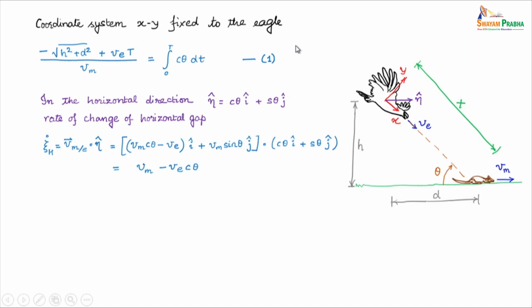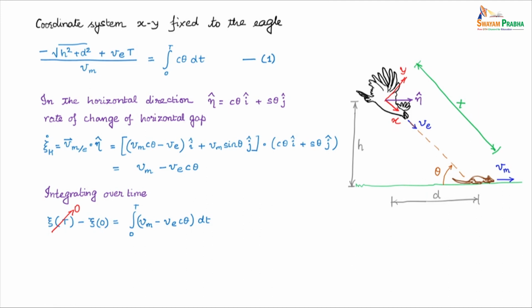Once I take the dot product, it simplifies to V m minus V e cosine theta. Once again you see cosine theta is coming, and that is xi h dot. Therefore, if I integrate over time from 0 to capital T, the horizontal gap at capital T must vanish because it has caught the mouse, and xi at 0 is the starting horizontal gap, which is d, and that is equal to the integral of V m minus V e cosine theta over time.